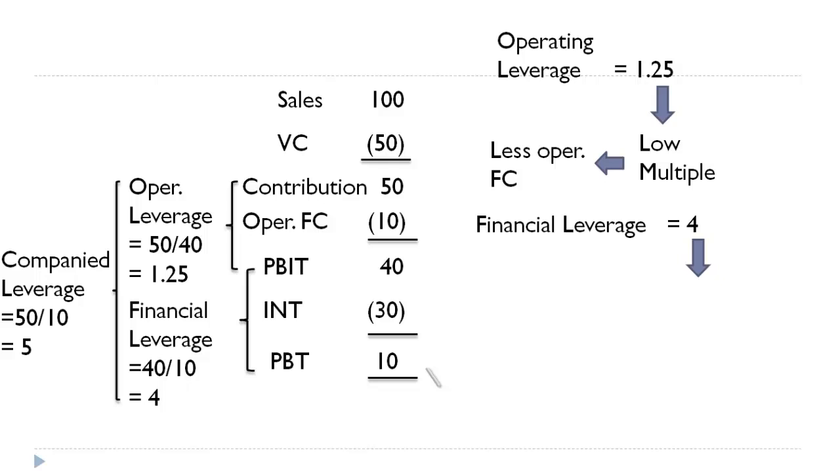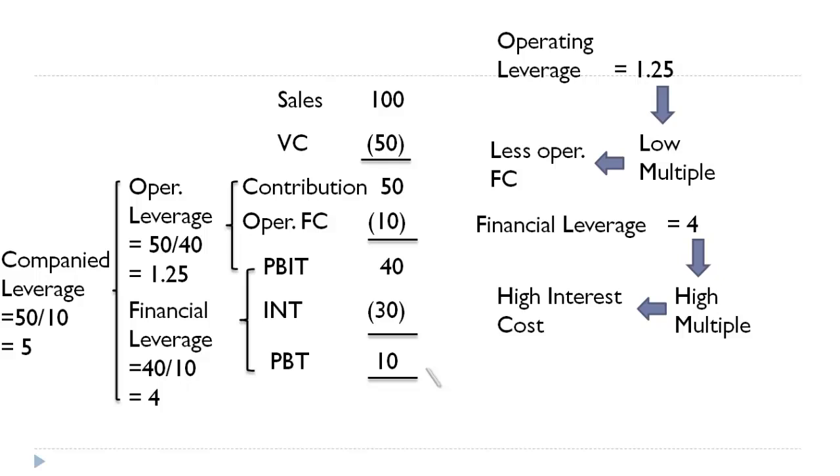It means a sizable portion of PBIT was eaten away by non-operating fixed cost, which is basically interest. So here the financial leverage has a high multiple, which conveys there is high interest cost. So a higher ratio would convey presence of higher cost, and a lower ratio would convey presence of lower cost. So this is about financial leverage.